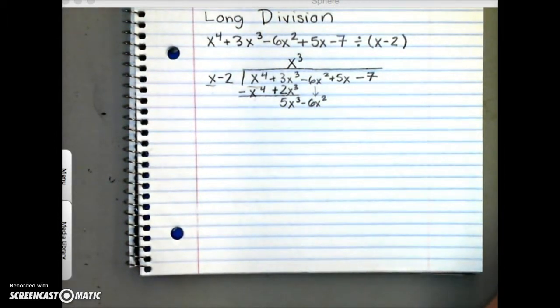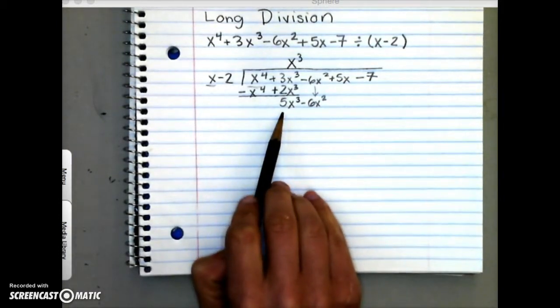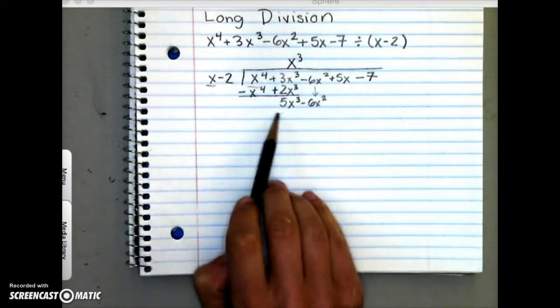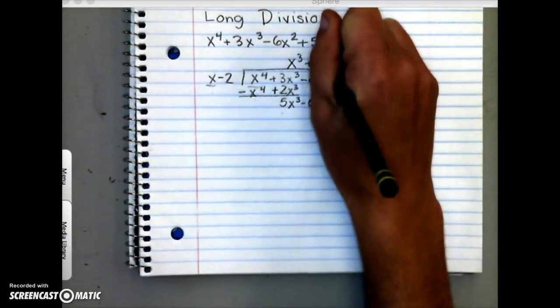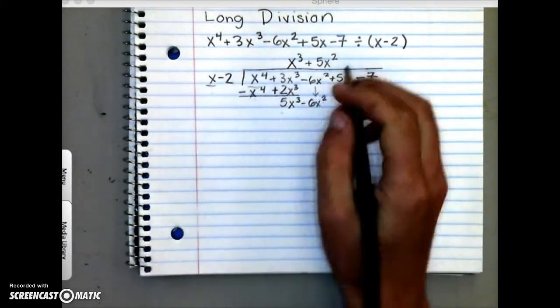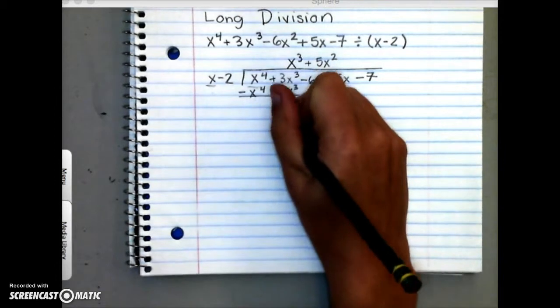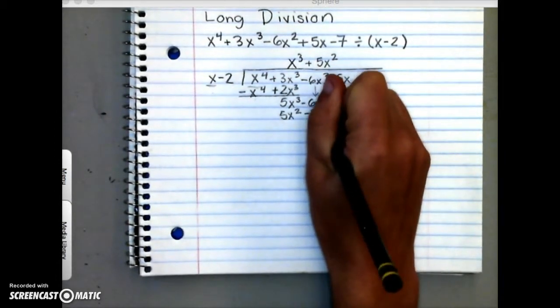Okay. Then we ask ourselves, how many times does x go into 5x cubed? Plus 5x squared. Multiply both terms by 5x squared. Minus 10x squared.